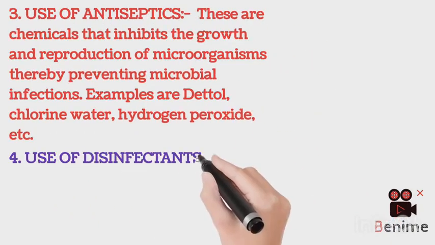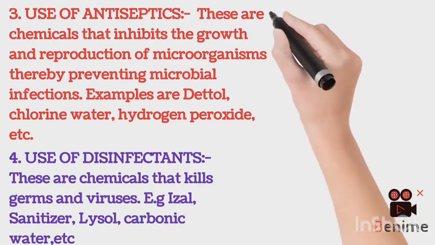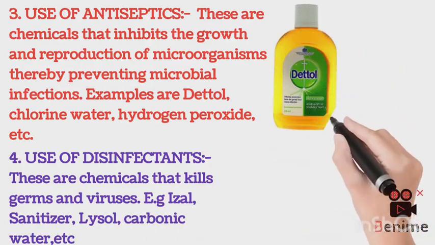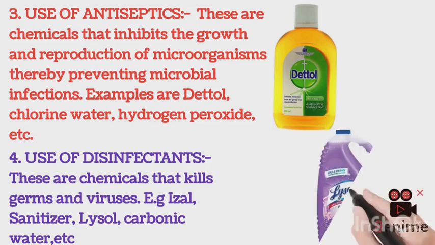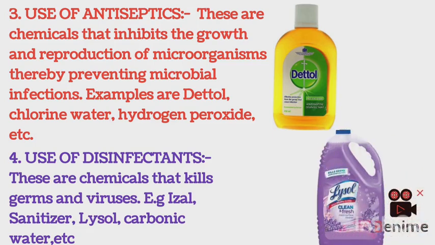Number 3, we use antiseptics. These are chemicals that inhibit, meaning they stop or slow down the growth and reproduction of microorganisms, thereby preventing microbial infections.